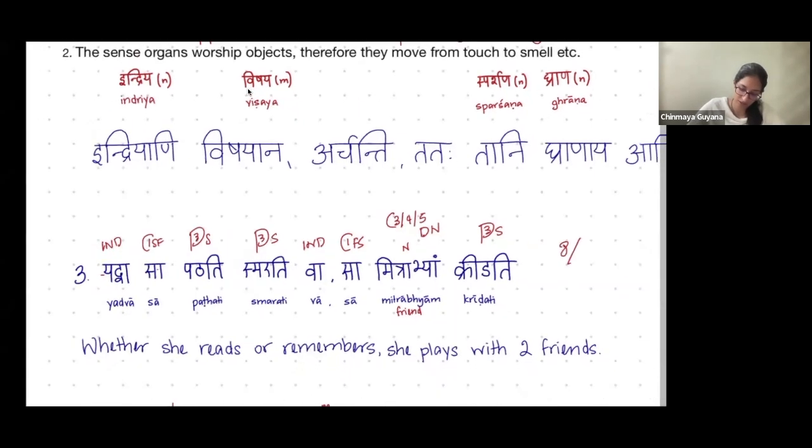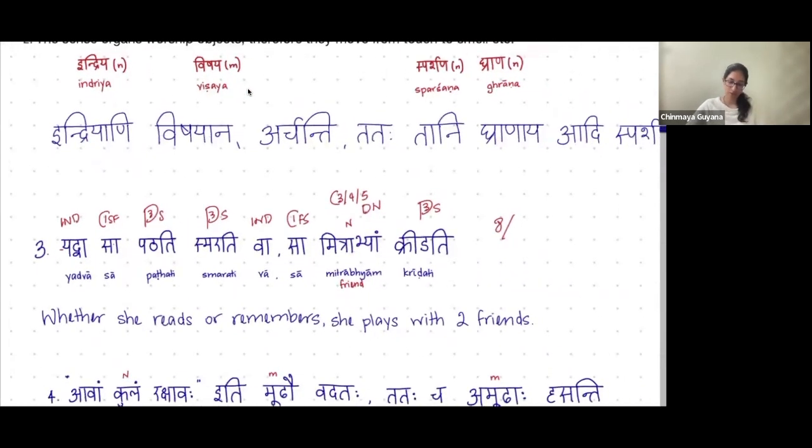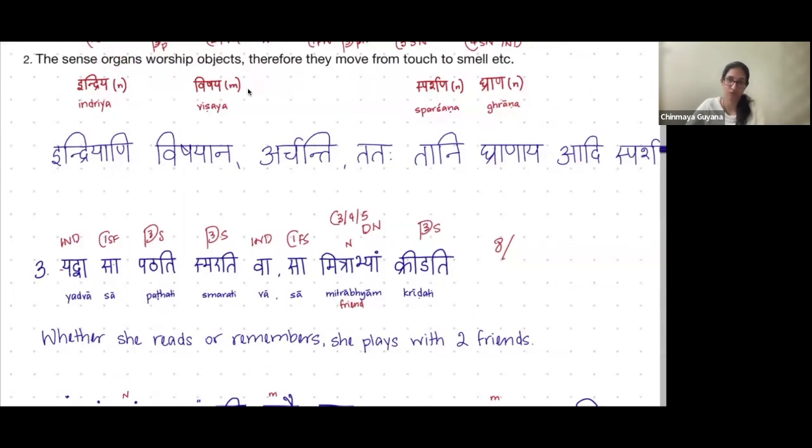And then the translation. Whether she reads or remembers, she plays with 2 friends. So now this is, if you didn't get the exact translation, it's okay. You must have gotten 2 friends, not just friends. You could have said for, from, it doesn't matter what, but the 2 friends should have been correct. Okay, so that's 1 point for 2 friends.